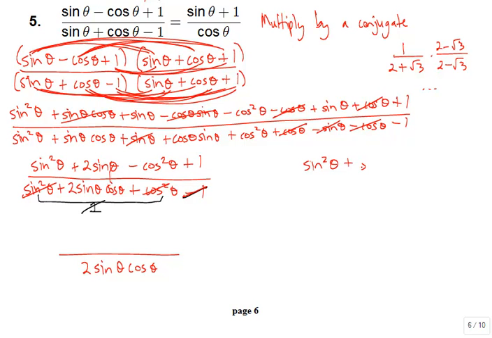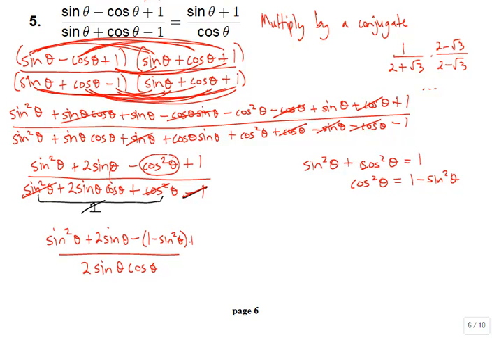So sine squared plus cosine squared equals 1. Therefore, cosine squared is 1 minus sine squared theta. So I'm going to substitute that in right here in parentheses. So this numerator becomes sine squared plus 2 sine theta minus parentheses 1 minus sine squared theta plus 1.